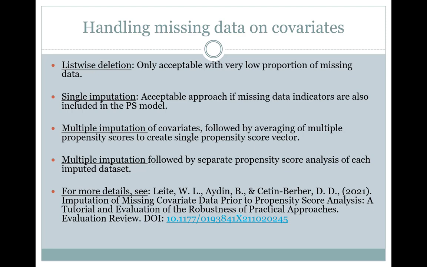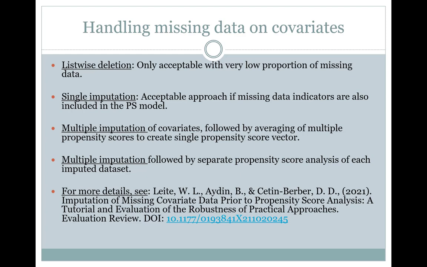In general, it's hard to provide a cutoff on how much, but with a large proportion of missing data, single imputation tends not to do well. Multiple imputation is our go-to method in general, and there are two ways to perform it specifically for propensity score analysis.